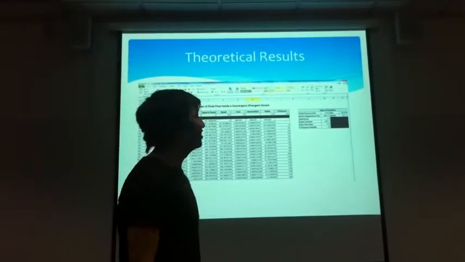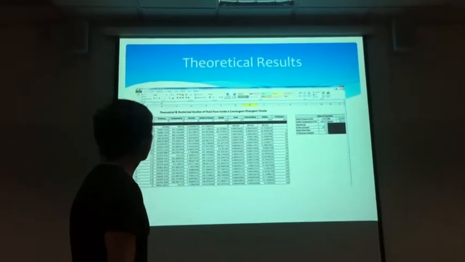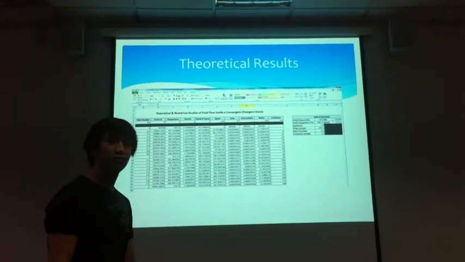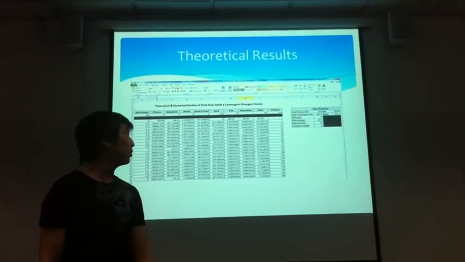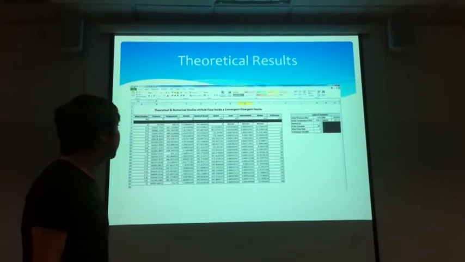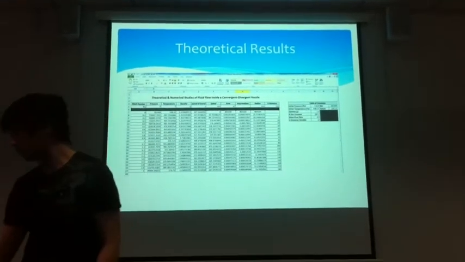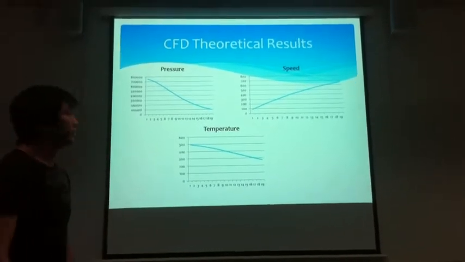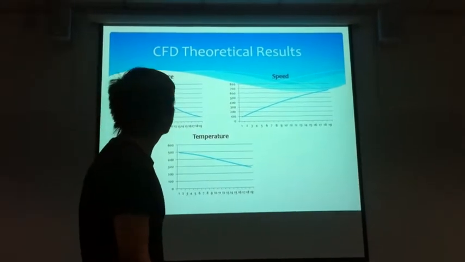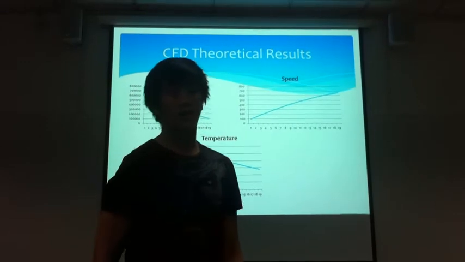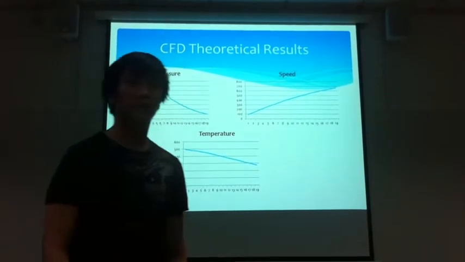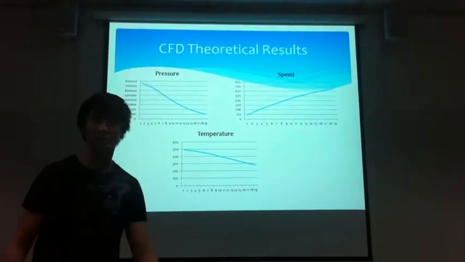These are theoretical results to create the nozzle, which I used. I used all the formulas I needed, such as density, as well as constants such as gamma. And using these results, I managed to make some theoretical results for CFD, which I'll later analyse and compare with my results from computational CFD.